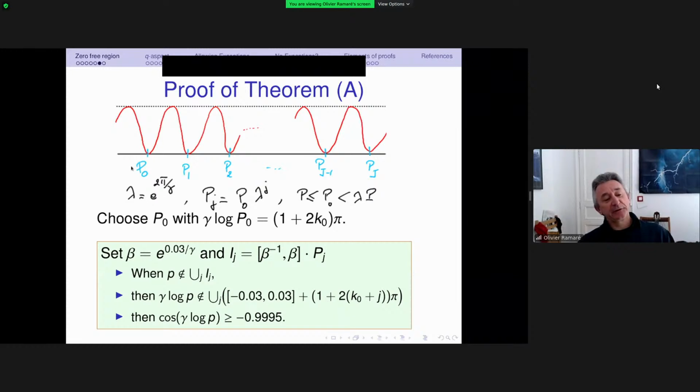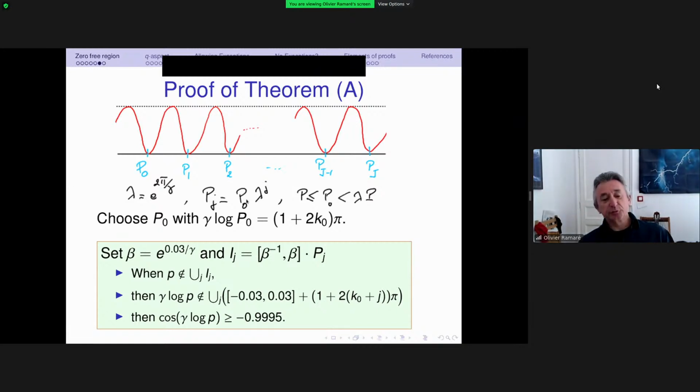You see, we have our interval from P to 2P, and we have all this repetition of behavior. So essentially, a proper interval is not exactly a shift of an interval, but a multiplicative shift.